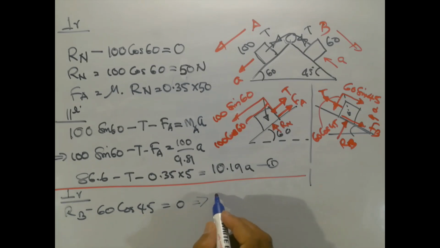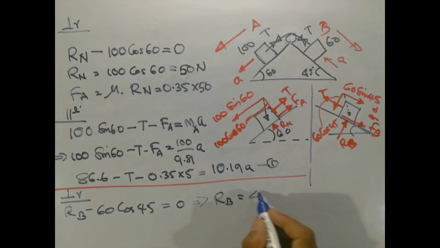That means RB equal to 60 cos 45, that is RB is 42.43 Newton.